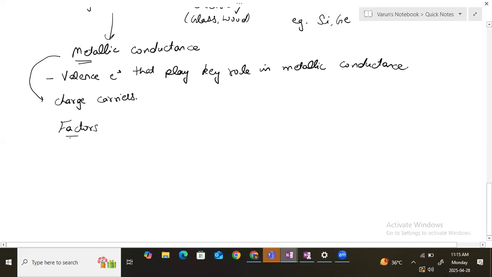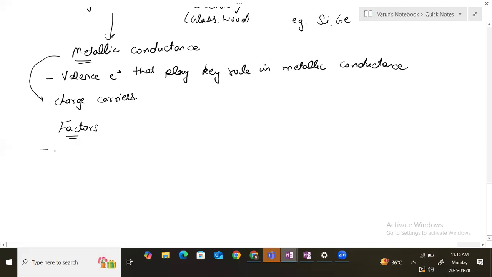it depends on the nature or structure of matter. If you are using a first block element, it has only one electron in the valence shell, and if the second block, it has two electrons in the valence shell. Then obviously the metals from the second block will have higher metallic conductance due to the greater number of valence electrons.